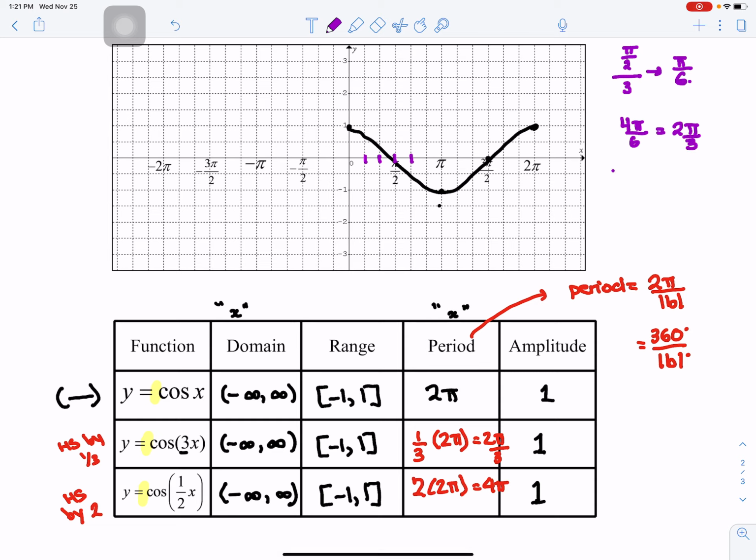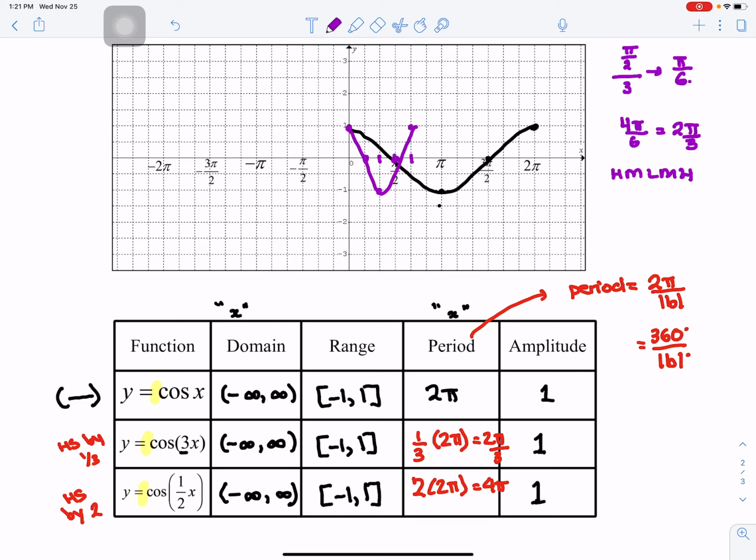So what that's telling me is my high, middle, low, middle, high pattern has to be done within 2 pi over 3, which is this point right here. So I'm going to do my high and high. The halfway point would have to be my low, and then the halfway point and halfway point have to be my middle. So there's my cycle. It's 1/3 the length.